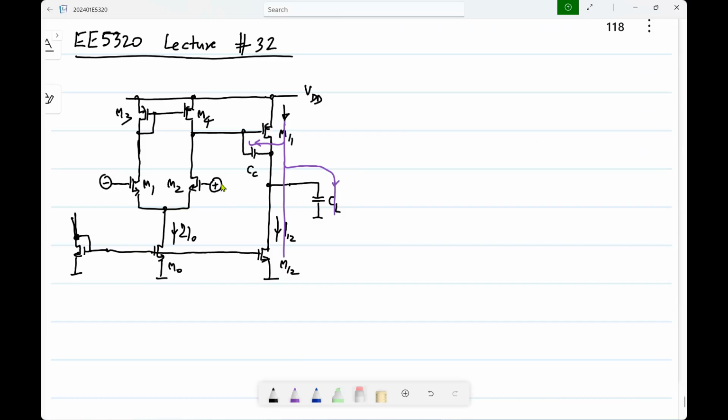This is what you expect in a cascade of amplifiers. And the input swing limit is whatever is determined by the first stage. So if you want a two-stage op-amp with a rail-to-rail input common mode range, then you should put that rail-to-rail input stage as the first stage, followed by the second stage. Any questions about the two-stage amplifier?